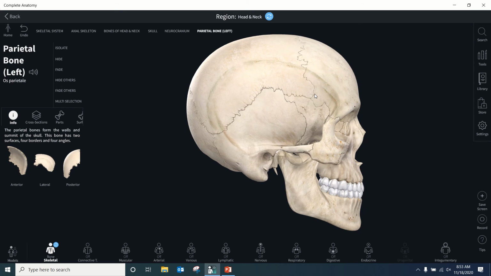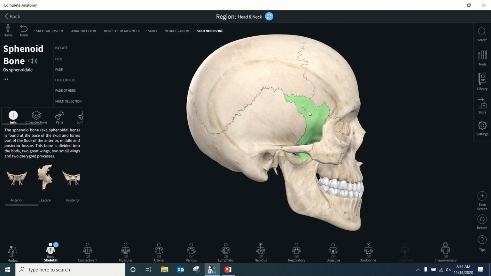So the sphenoid, we're going from straightforward bones to a very complicated bone. The easiest place to find the sphenoid bone is right here. You can see it on that external wall of the skull, on that lateral aspect. It is between the parietal, frontal, and temporal bones.